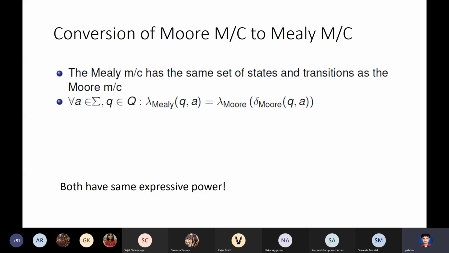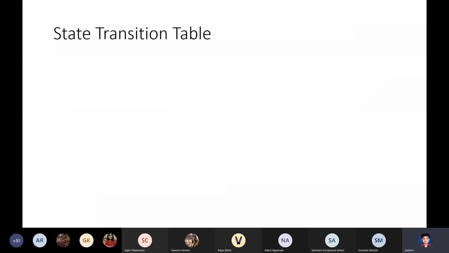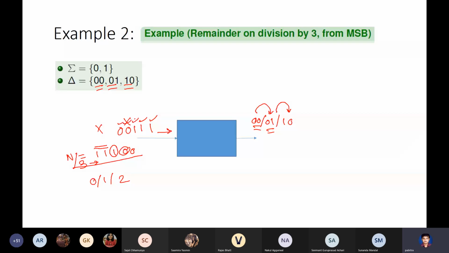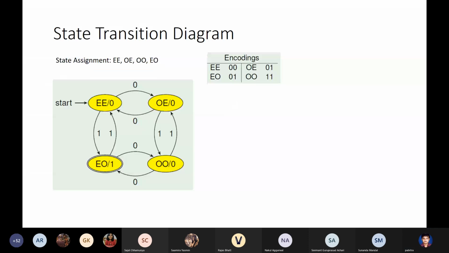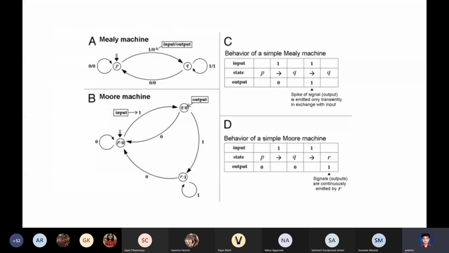There is one more difference that I would like to point out, which is in the delay. As we discussed previously, in the Mealy machine the output signal comes only after the clock.